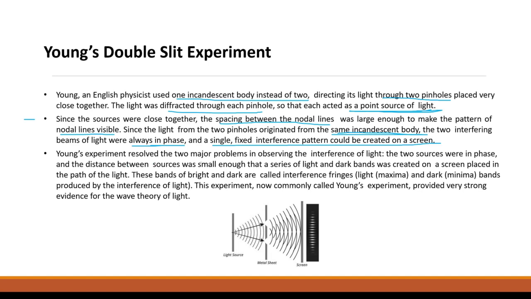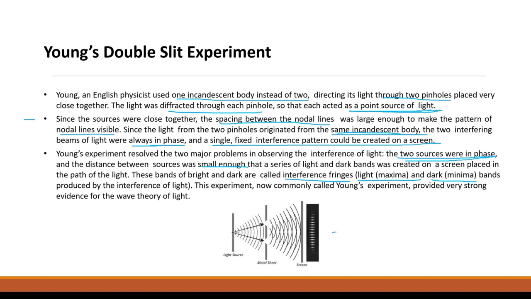So Young's experiment resolved two major problems in observing interference of light. The two sources were in phase, because before, using two different sources, there was no way to control them, and the distance between the sources was small enough that a series of light and dark bands was created on a screen placed in the path of the light. These bands of bright and dark are called interference fringes, and the light ones are the maxima, with dark the minima.